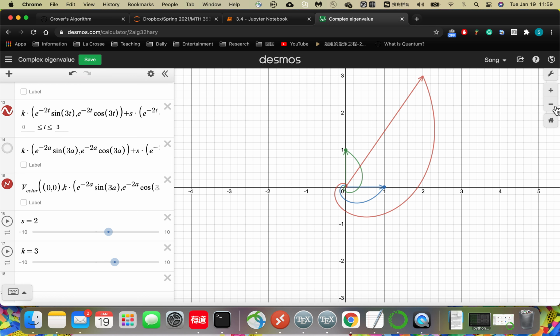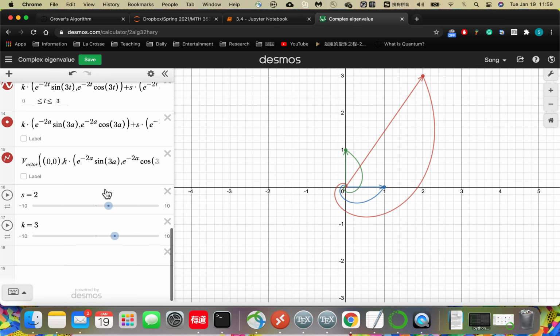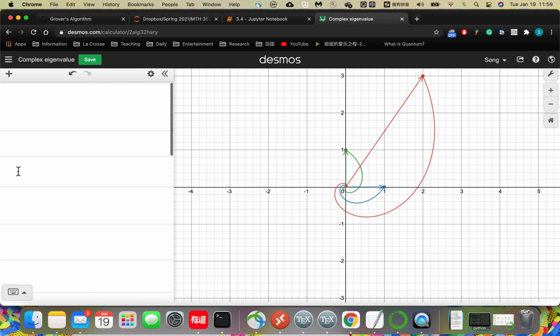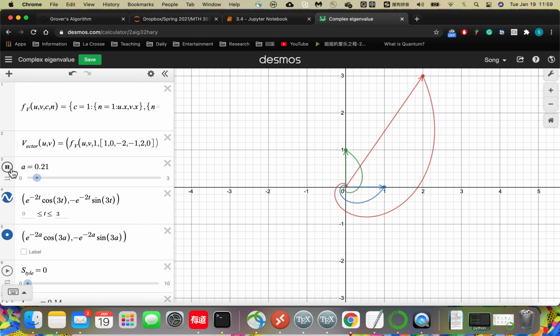So this is the resultant vector. Now, we will see as green and blue rotate and spiral in, what will the final linear combination of them do? And you can easily imagine, it also shrinks in because both are shrinking in.